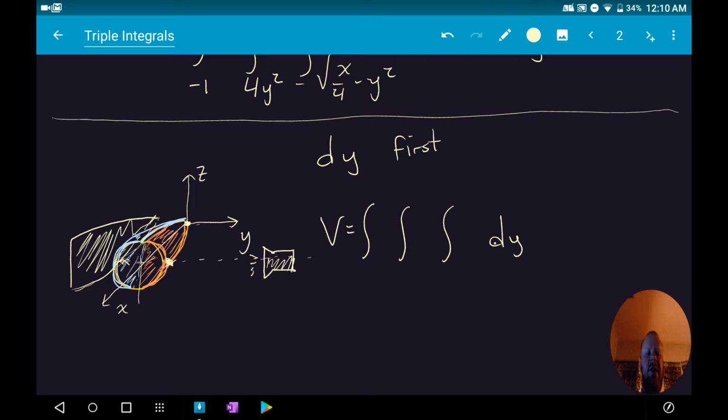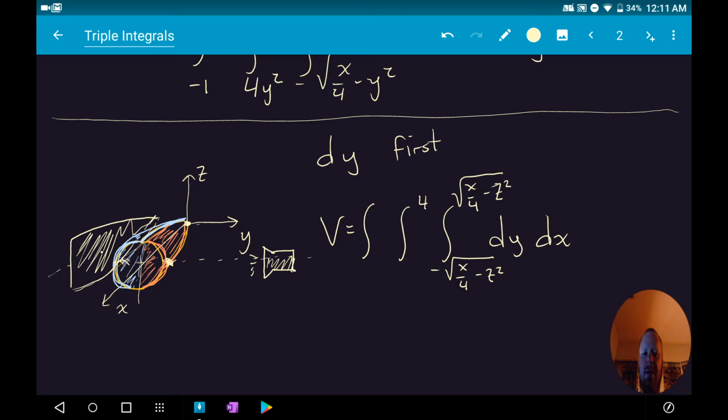But just so you can see what this looks like, dy is going to be, let's see, the integral x over 4 minus z squared negative and positive versions. Next we can do, we're talking about this shadow here, so let's do x next. So x in this is going to be same thing, 4 on top here.